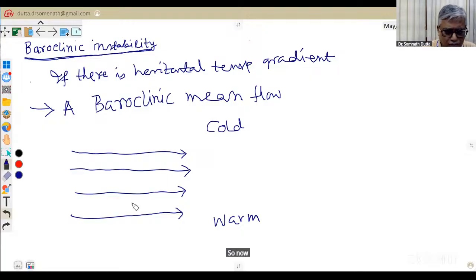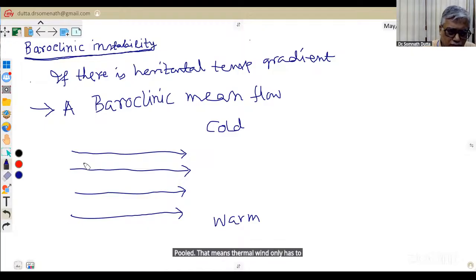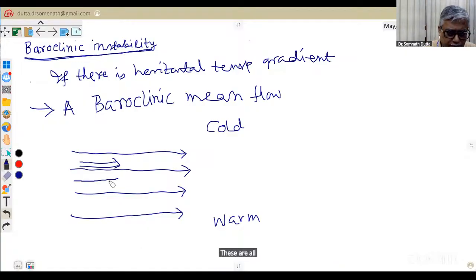Due to this north-south temperature gradient, there will be thermal wind. And we all know very well that the thermal wind is such that to its left there will be cold. So this is your thermal wind, these are all your thermal wind.